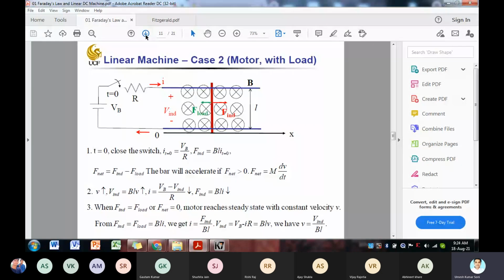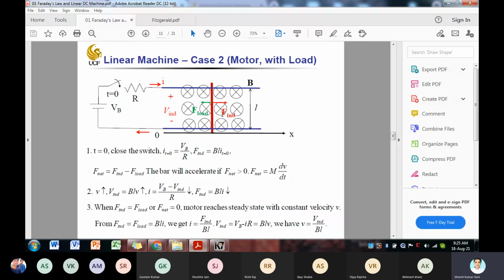Next is the case for the motor with load. Here you can see that whatever the current set up by the battery source, there will be an induced force in the conductor due to the externally applied voltage or current. However, there is also a load on this bar. So the net force on the bar will be equal to the difference of these two forces.